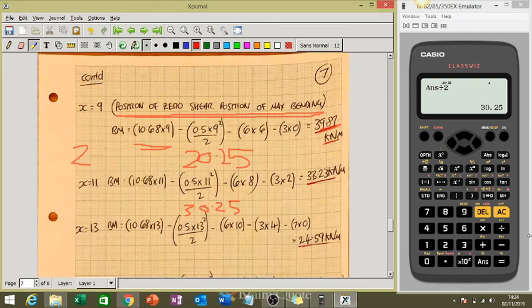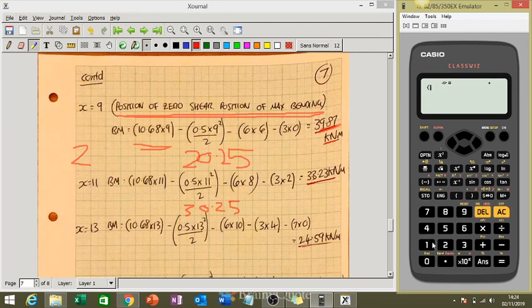Right. So work that out: 10.68 times 11, take away 30.25, you can go quicker than me if you want to, take away 6 times 8, take away 3 times by 2.